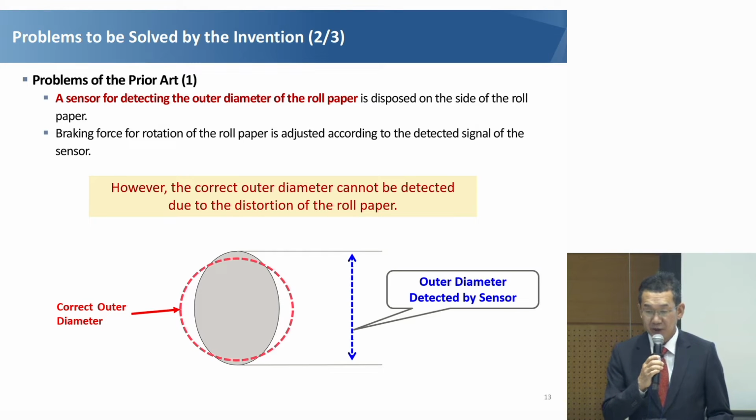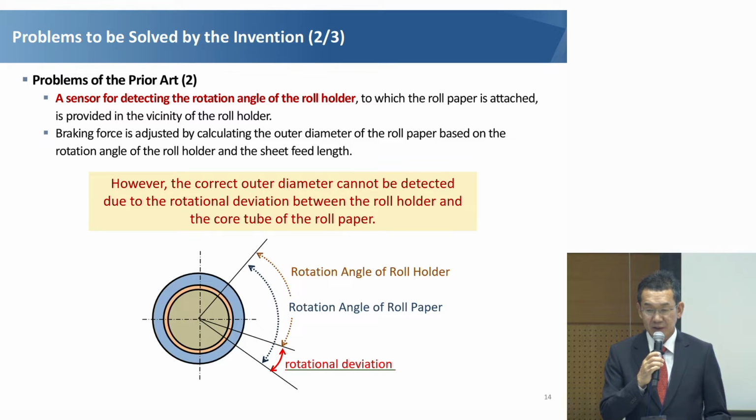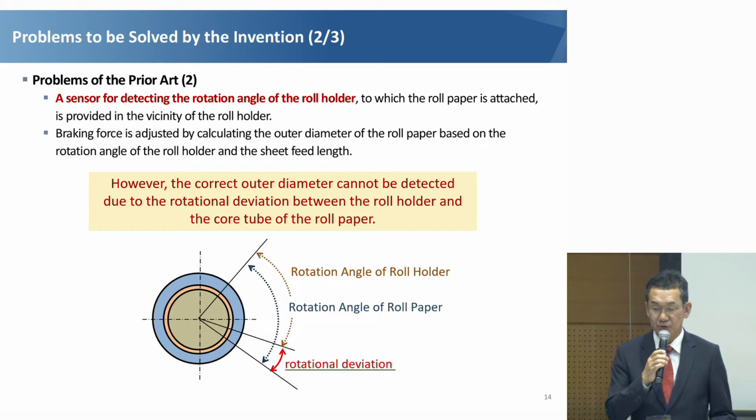However, the correct outer diameter cannot be detected because of distortion of the roll paper. And secondly, the correct outer diameter cannot be detected due to the rotational deviation between the roll holder and the core tube of the roll paper.